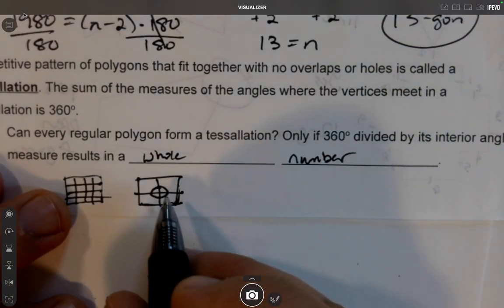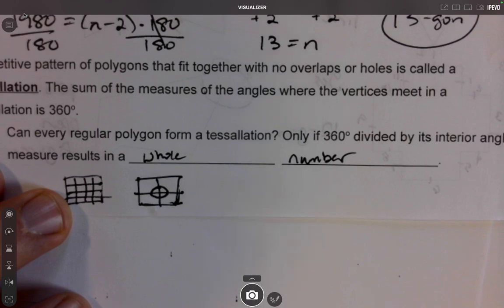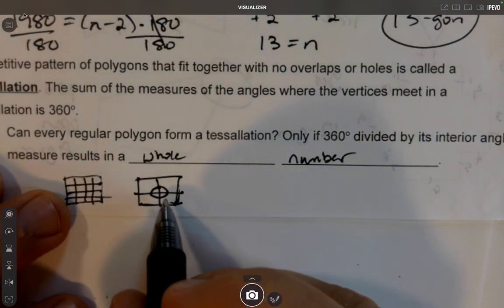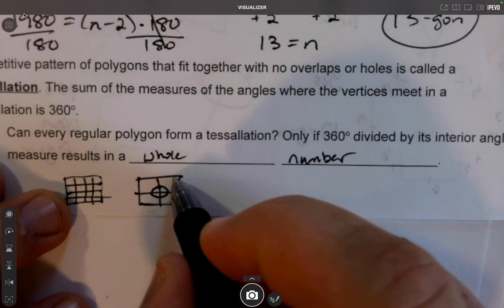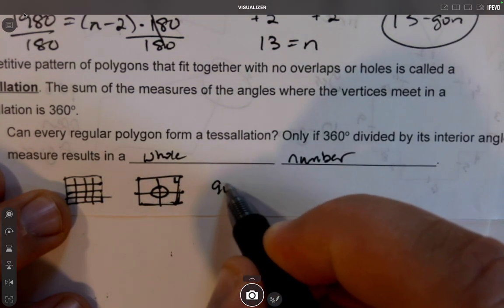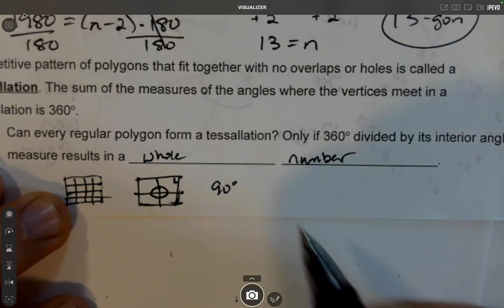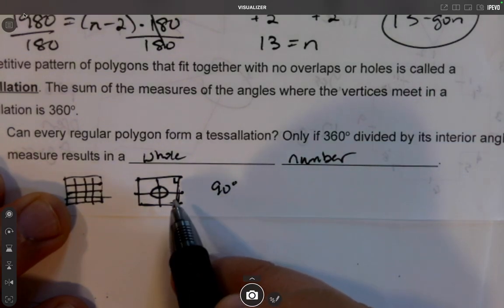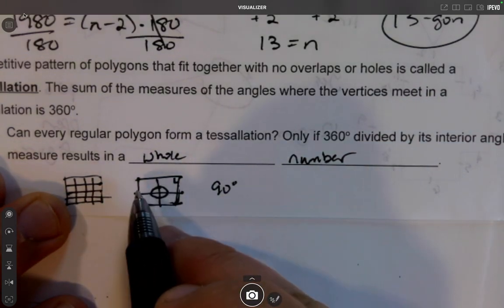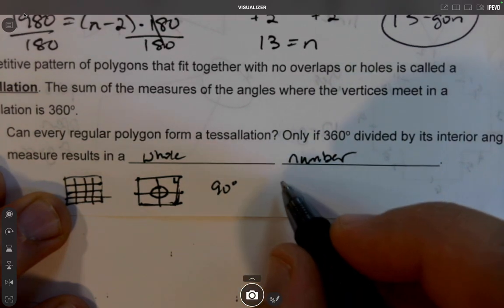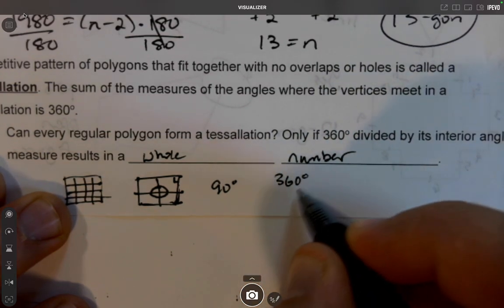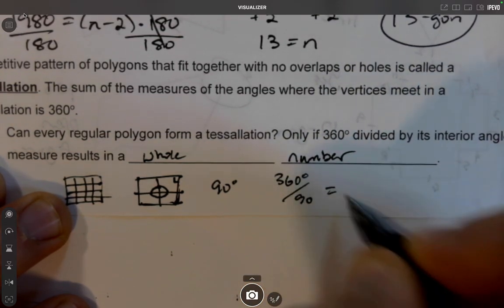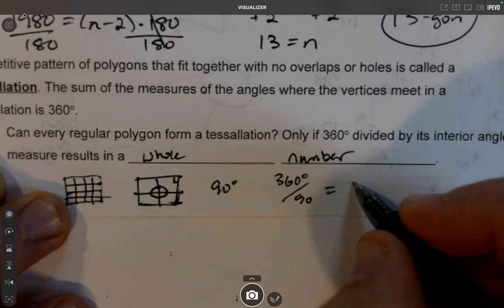So, for example, since these are all identical, they're going to be regular. So when I have a square, I know every individual angle is 90 degrees. So the reason I can know squares work without even thinking about a chessboard is if I say, all right, 360 divided by 90 is equal to 4.